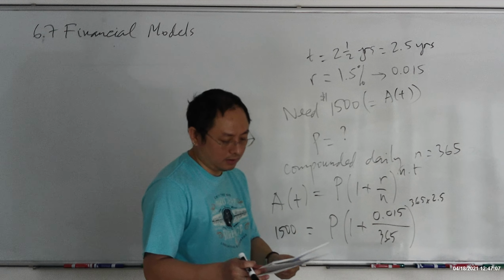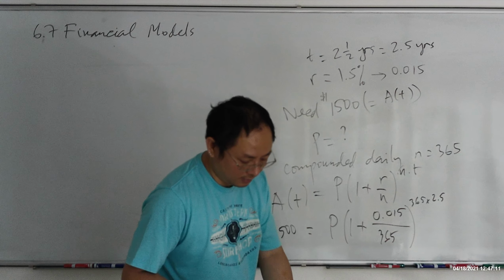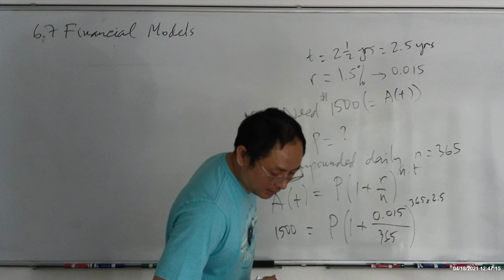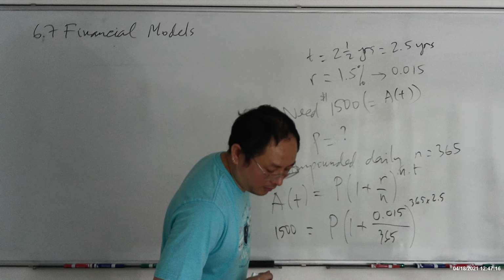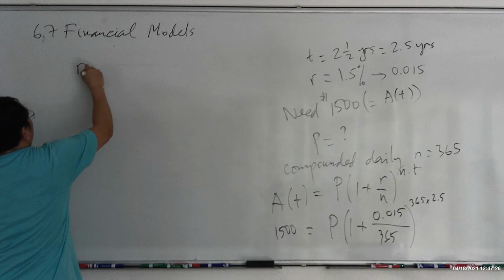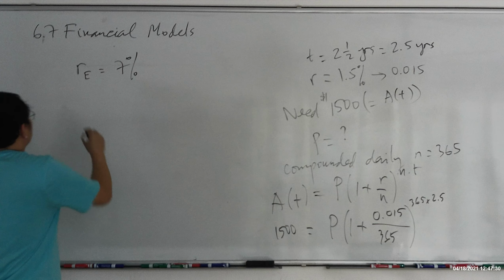Let's see another one. What is the actual rate of interest compounded quarterly if the effective rate is 7%? The effective rate is equal to 7%. What is the actual rate?